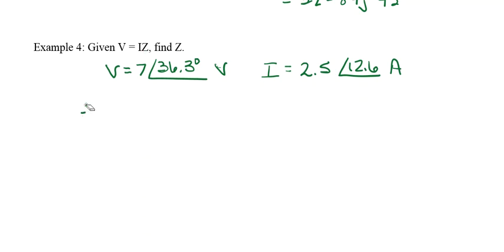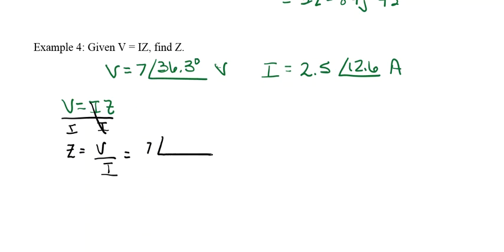If I'm trying to get Z by itself, I'm going to do that real quick just to show you instead of just jumping at it. If we do V equals IZ and I want Z by itself, I would divide by I. That would get Z by itself. So Z is equal to V divided by I. V is 7 over 37 at 36.3 degrees.